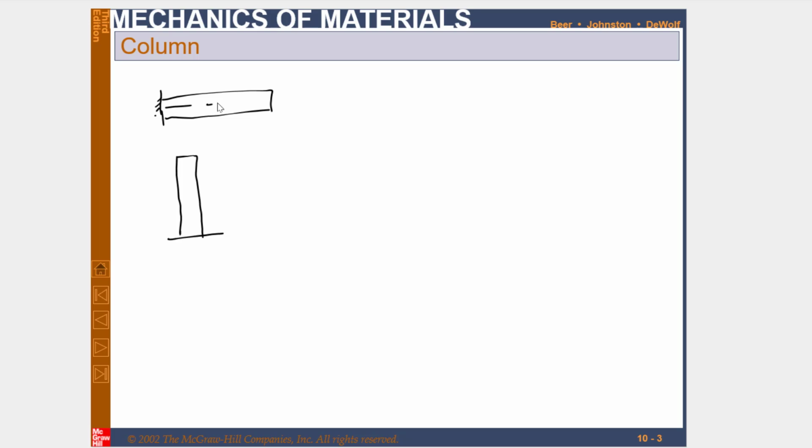So let's say this is the axis of this member and this is the axis of this member. So columns may be defined as the structural members which carry the axial loading. So this is the axis and the load is applied like this, or this is the vertical member and that is exerted upon by an axial load.